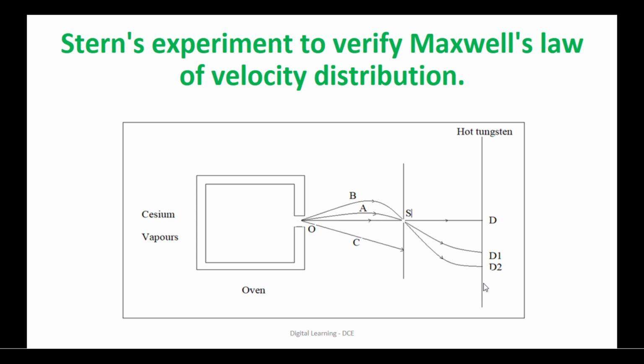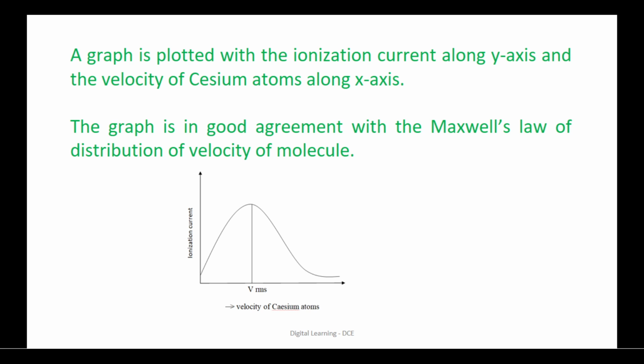By measuring the velocity in terms of distance from the point D, the vertical distance represents the velocity of the cesium atoms. Then if you plot the graph of ionization current versus velocity, we get a graph which is exactly similar to the Maxwell's velocity distribution curve.